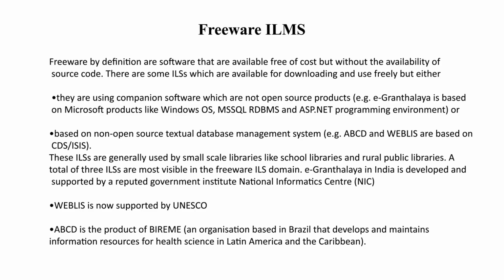For example, most of these work under Microsoft products like the Windows operating system, MS SQL RDBMS, and the ASP.NET programming environment. As you know, these are already proprietary. So although the source code of this software is free, the backend programs which make the software work efficiently for a library are proprietary. That's why it comes under the category of free software.